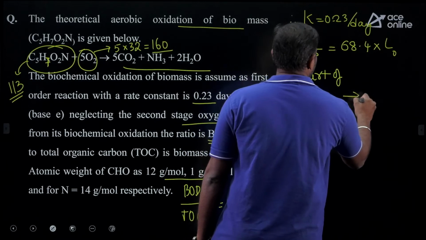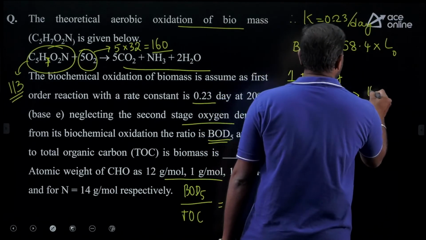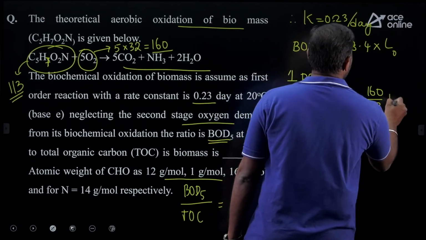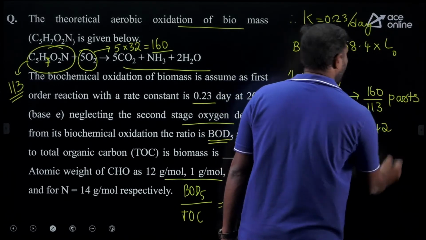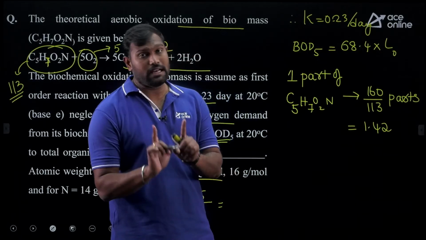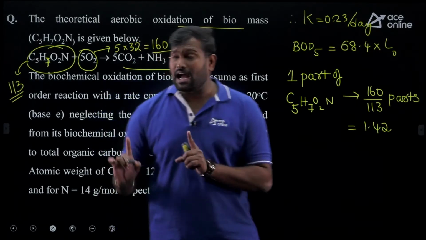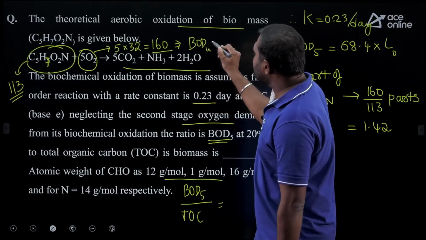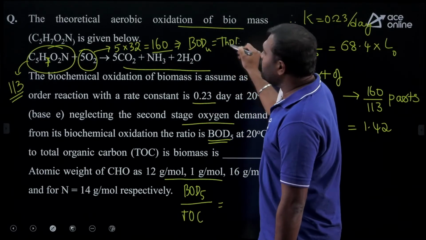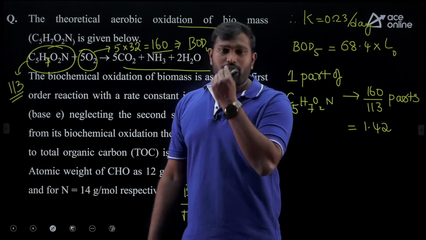One part of C5H7O2N requires 160 by 113 parts. You solve it, it comes to 1.42 parts. But that is going to be the ultimate BOD, because as it is organic matter, the ultimate BOD is nothing but the theoretical oxygen demand. But we want the 5 days, right?